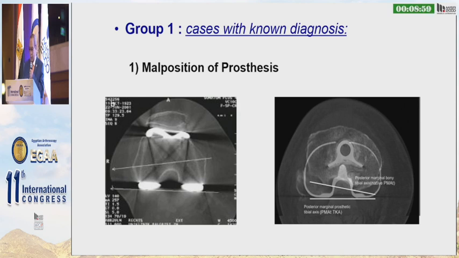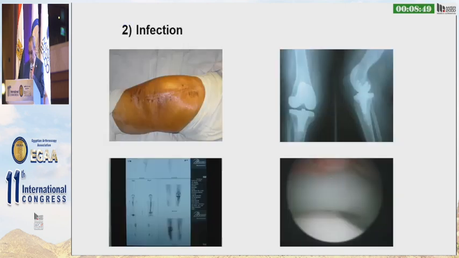Malposition of prosthesis, and this could be diagnosed by CT scan. Infection is a devastating complication of total knee arthroplasty.